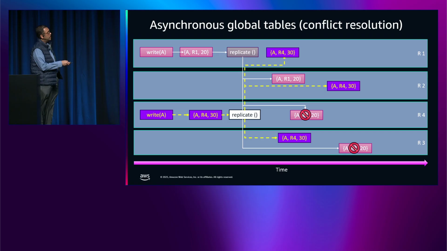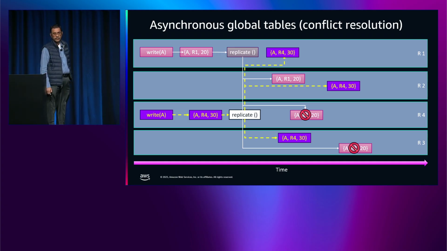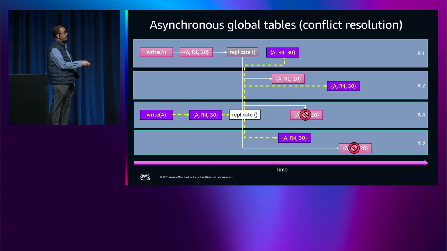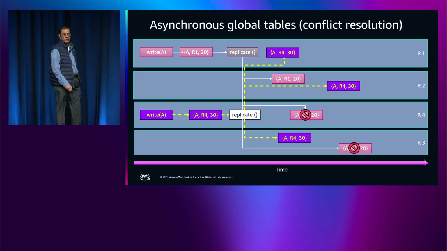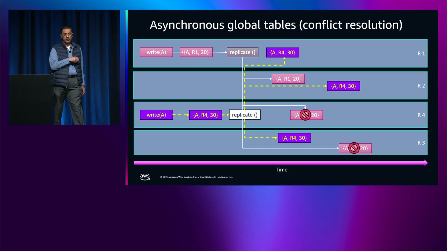In this region, you will see a notification for 20 and then a notification for 30. In this region, you will only see a notification for 30. In this region, you will see only a notification for 30. You will never see this notification. So if you're building a streams application, realize the consequence of having eventual consistency in your global table.